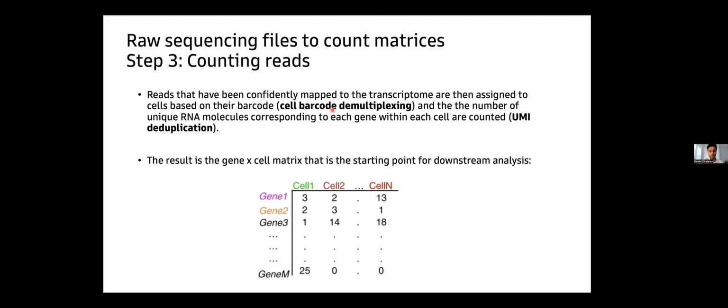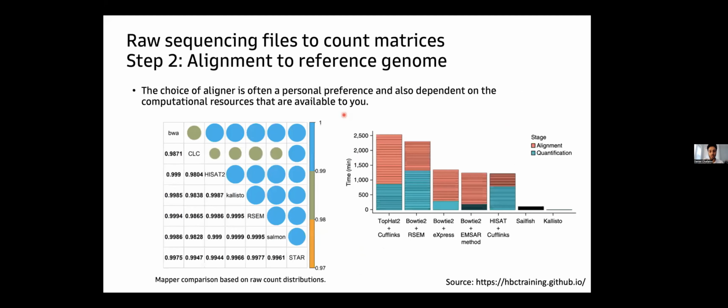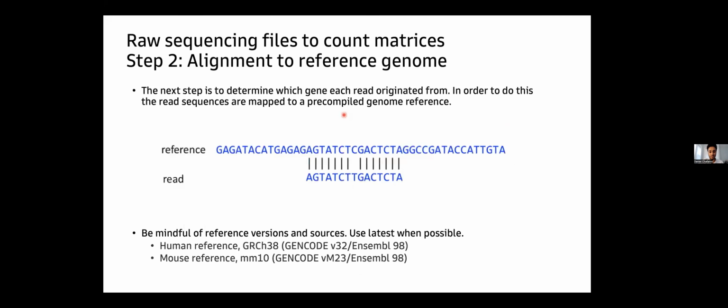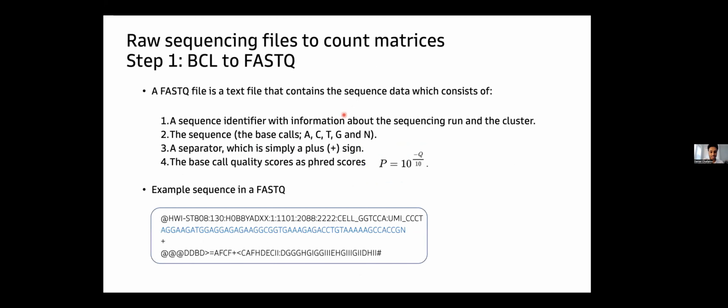Cell barcode demultiplexing just means, in the FASTQs we saw here, we had a cell barcode. Each cell has a unique barcode attached, so each read that comes from a unique cell has a unique barcode attached to it. This sequence identifies the cell, and so we're going to collect all reads from this cell and count them as belonging to that cell.